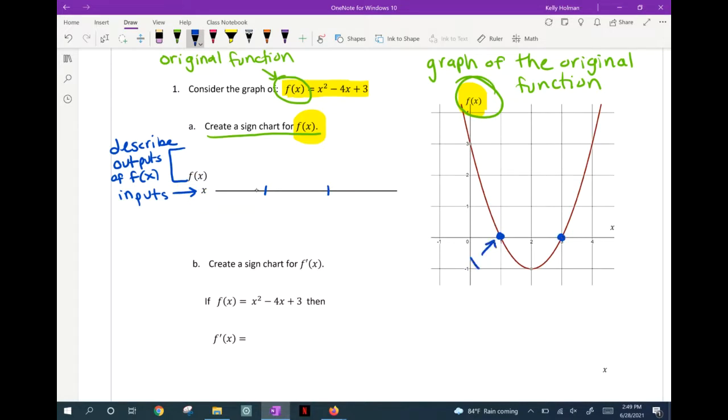So when x was a 1, if I put 1 into the function, it outputs a height of 0. Remember, the original function, f of x, just gives us ordered pairs on the graph.